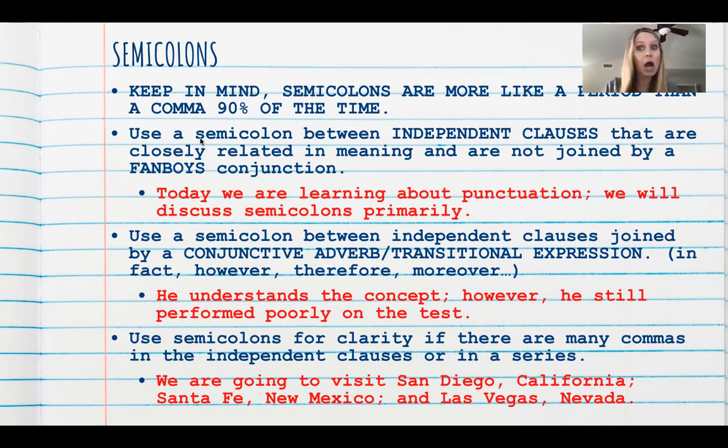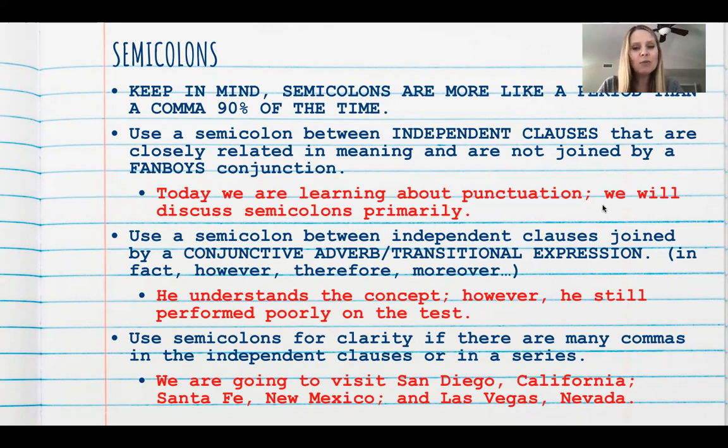So if I do not have a FANBOYS word, for, and, nor, but, or, yet, so, but I have two smaller sentences that are on the same vein, of similar thought pattern, and I really would like them together as one sentence, then you can combine them with a semicolon.